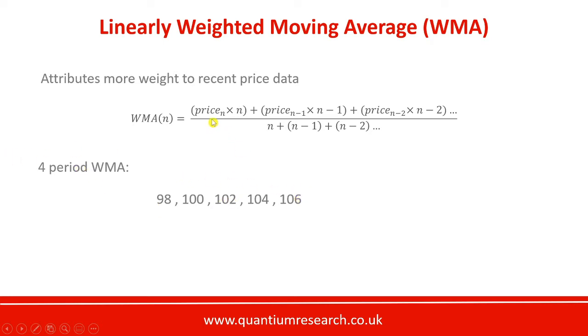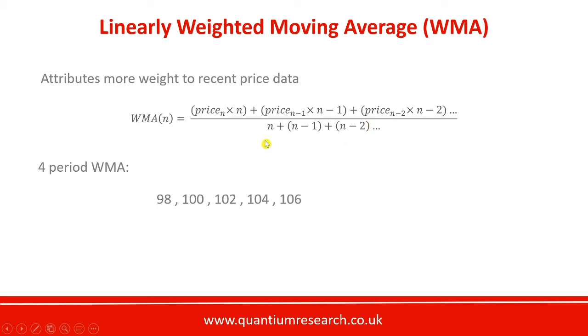The most recent price is 106 times n, being 4. The next point is 104 times n minus 1, so 104 times 3. Then the next most recent price, 102, times n minus 2, so you times that by 2, and so on. You'd then divide it by n plus n minus 1 plus n minus 2, down to the point where you get to 0.